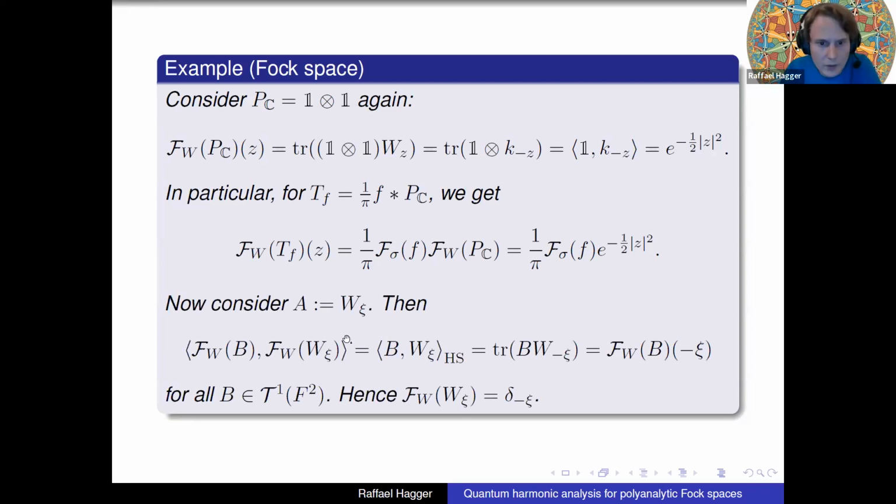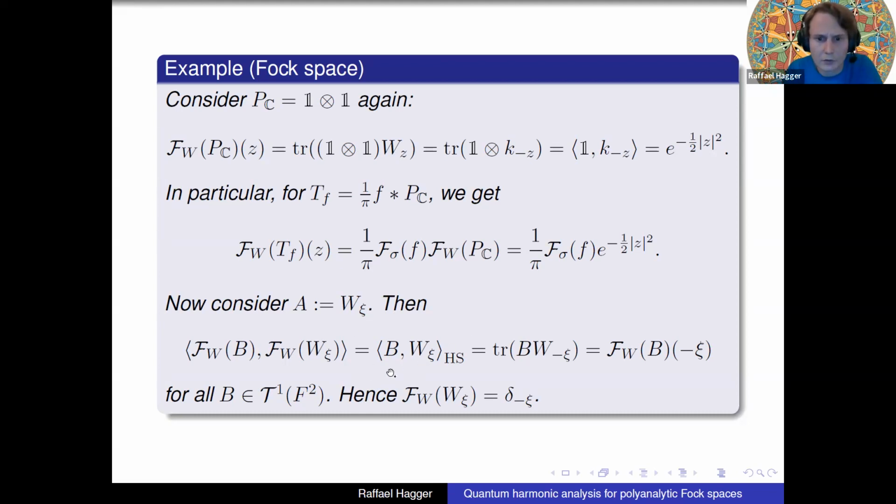Okay, let's see what the Fourier transform of a Weyl operator is. Of course, this time we cannot just plug it into this formula, because this formula only works if you have a trace class operator, right? And for a bounded linear operator, it was defined via duality, right?